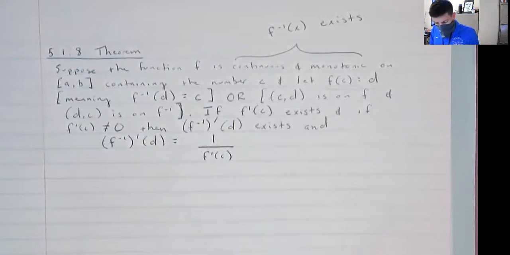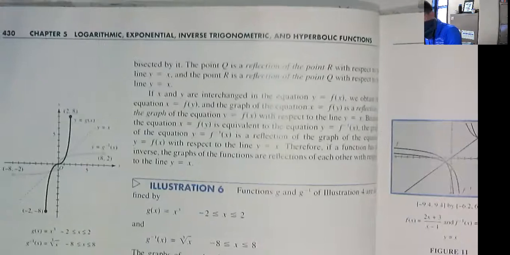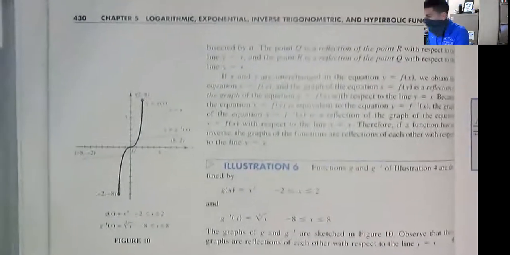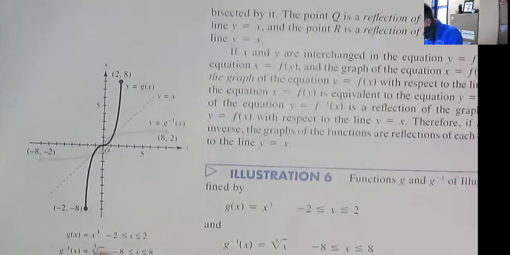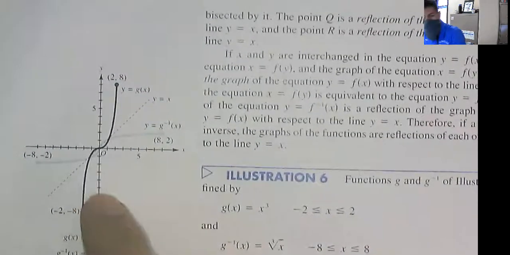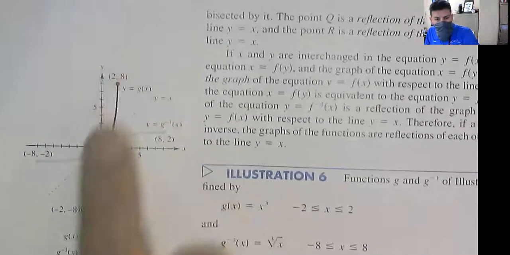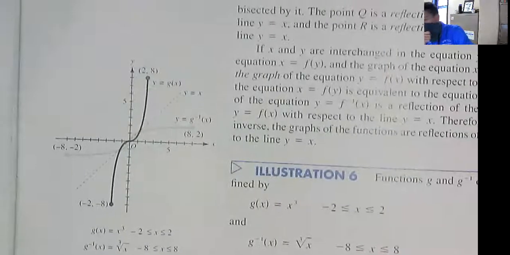So if you have your books handy on page 430, there's a figure 10. What we have in figure 10 is the function x cubed, and its inverse, the cube root of x, also graphed.